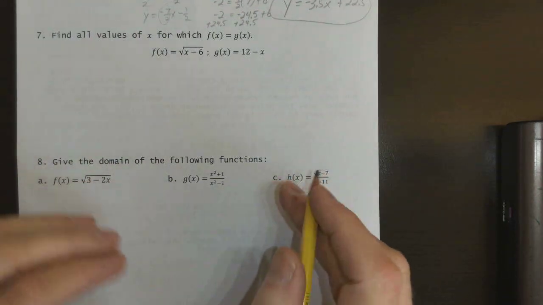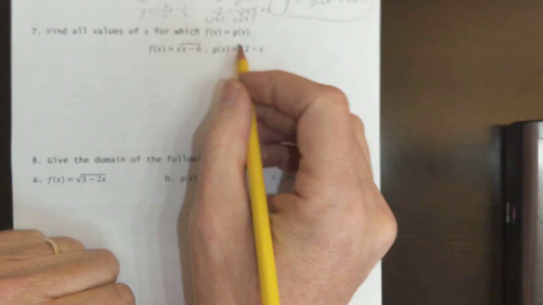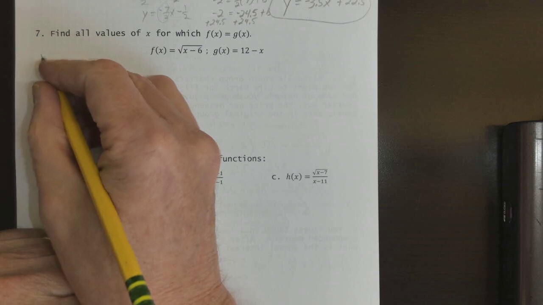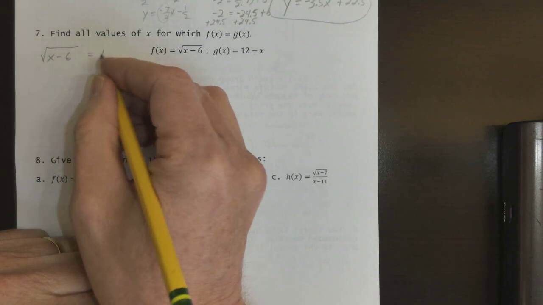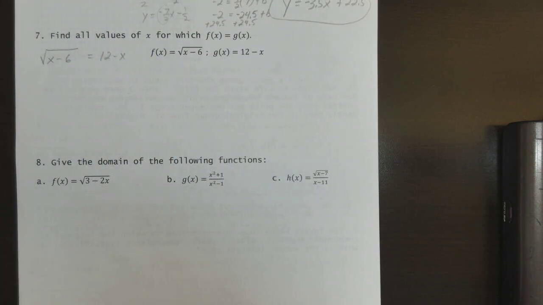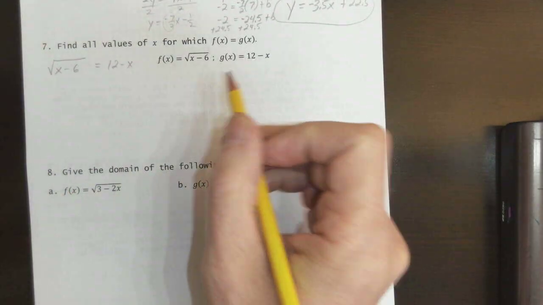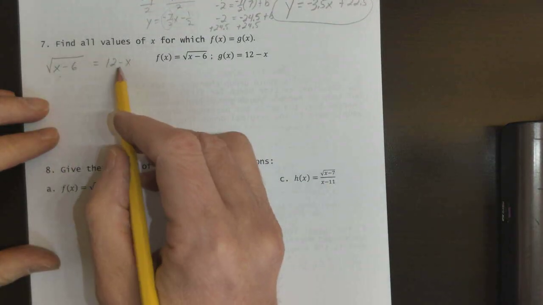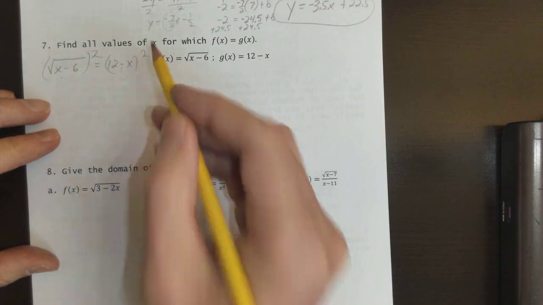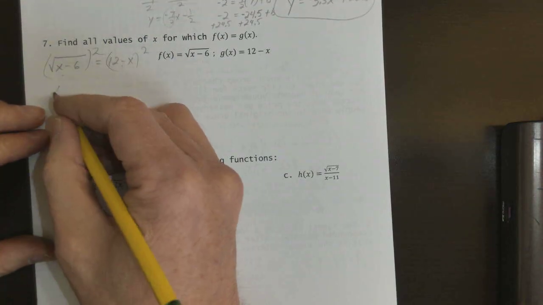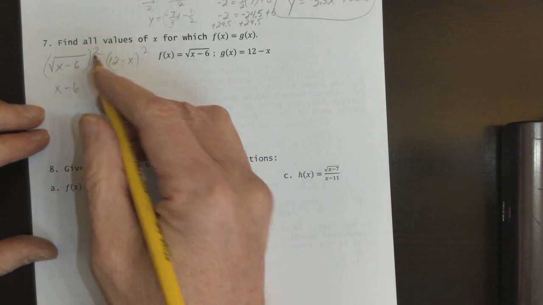Okay. Number 7. All the values of x for which f of x equals g of x. So I'll take the square root of x minus 6 equals 12 minus x. Okay. This is f of x, this is g of x. We are looking to see when these are equal. So I'm going to go x minus 6 here equals, so I'm just squaring both sides.